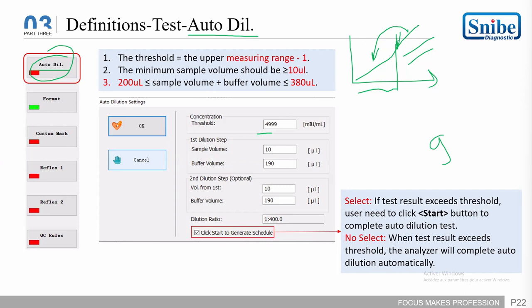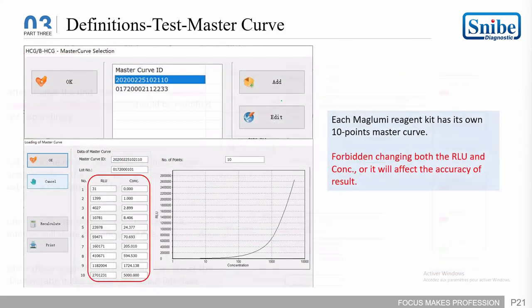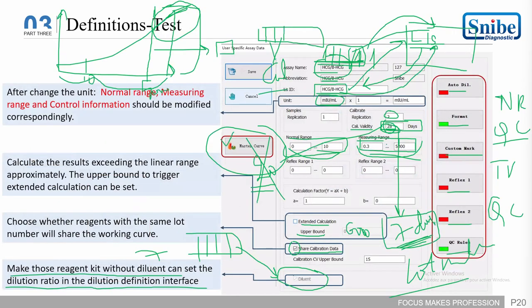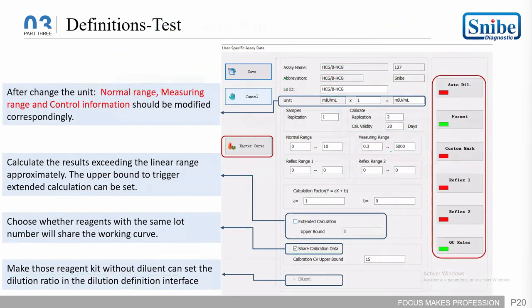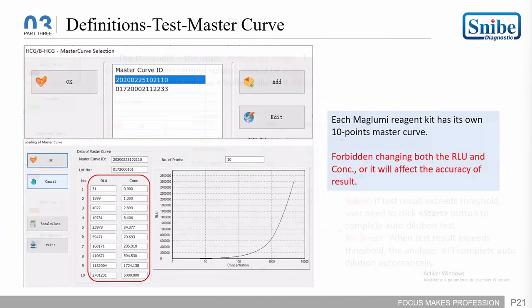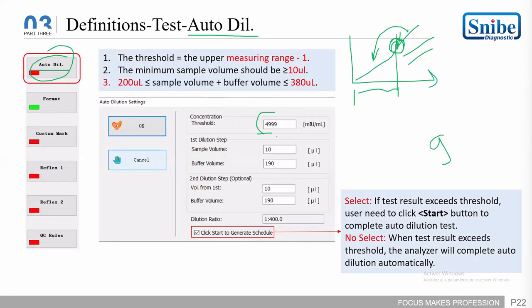We need to know the upper band of the measuring range. For each parameter, we have the measuring range from the lower band to the upper band. For example, for HCG here, it is from 0.3 to 5,000. So what we do is to make the threshold.